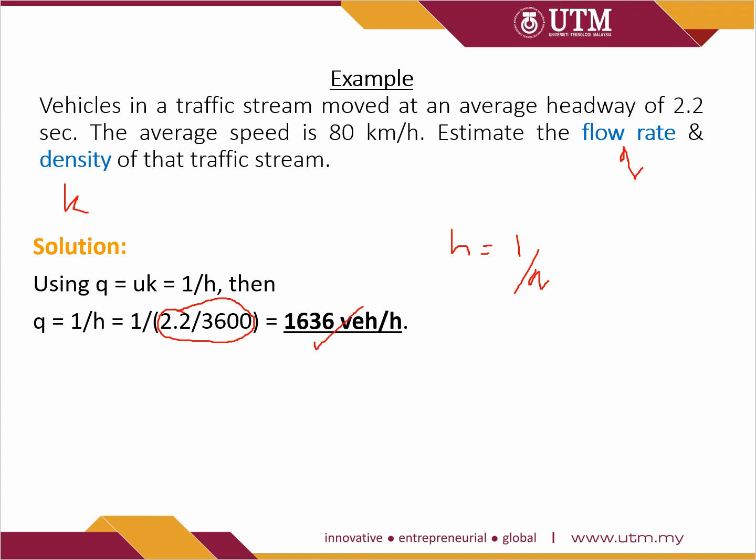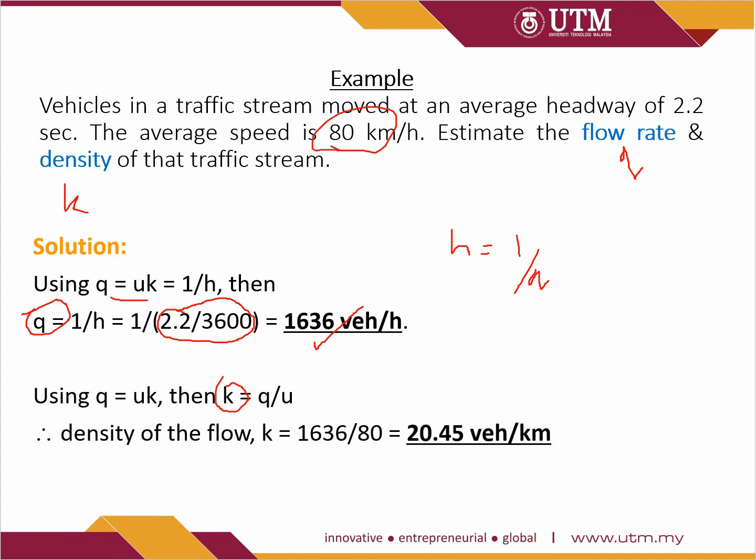Then by using the formula Q equals U times K, you will get K. So K equals Q over U. You already got the Q, and you already have the speed, 80 kilometers per hour. Then you will get the answer. Beware that if you get Q wrong here, then you're going to calculate wrong here.